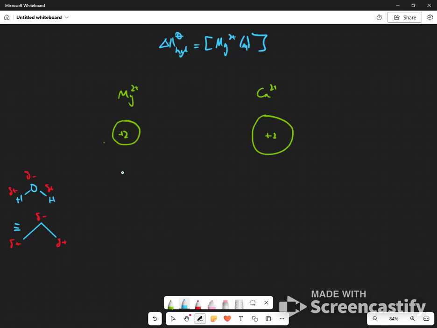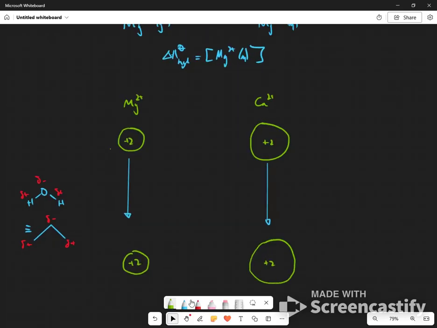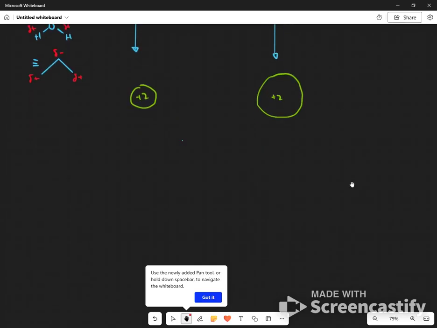So that means if we hydrate a magnesium ion and we hydrate a calcium ion, you're going to get this. There's the magnesium ion, and there is the calcium ion. So this is 2 plus, and this is 2 plus. They're both 2 plus. And the water molecules will go around.